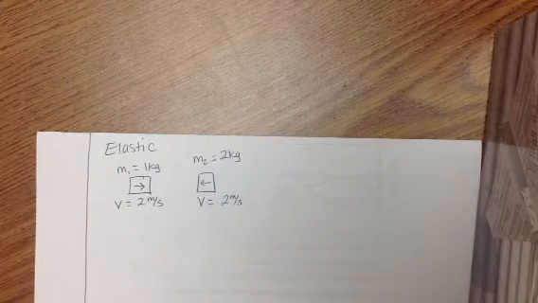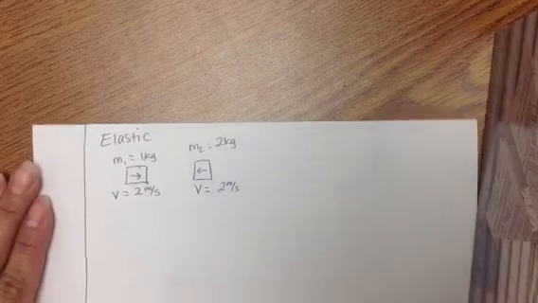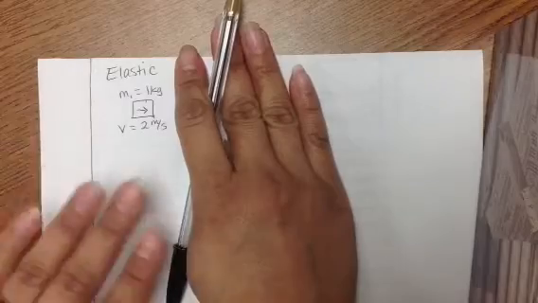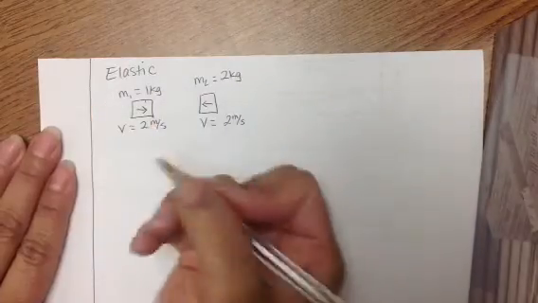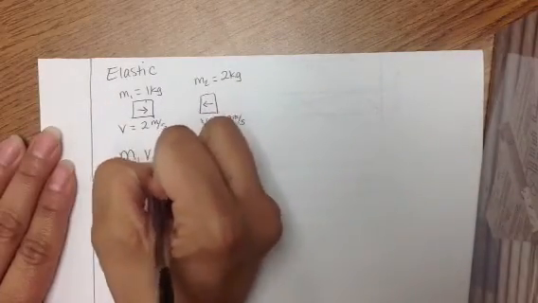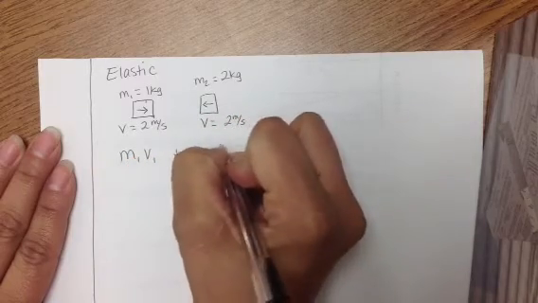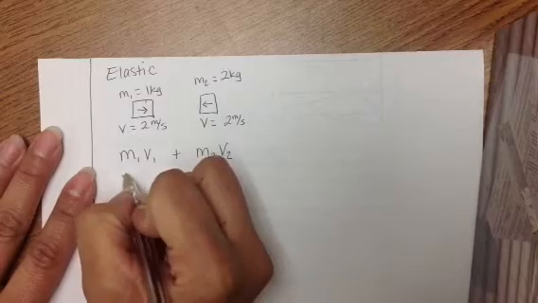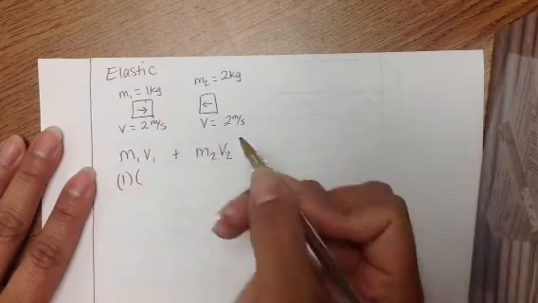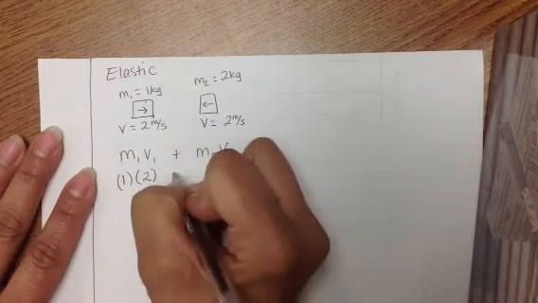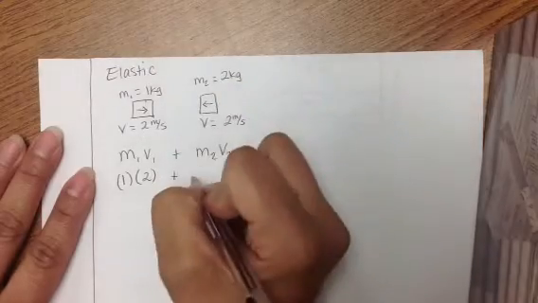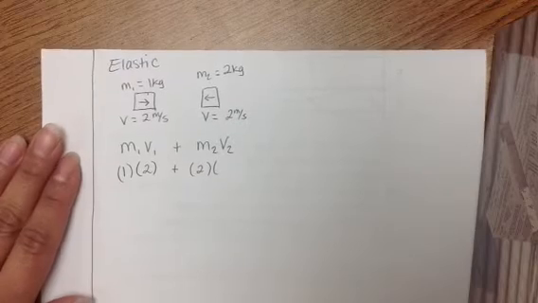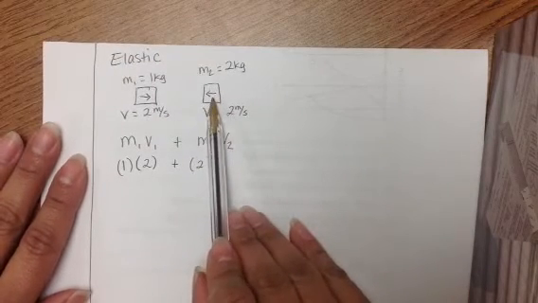Now, when we go to fill these into our equation, again, we have to make sure that we keep each variable isolated from the other in our calculation. So M1 V1 plus M2 V2. So we would simply plug in these numbers. The mass of the first object is 1, velocity of the first object is 2, plus the mass of the second object is 2, but before I plug in that velocity, let's just double check our drawing.